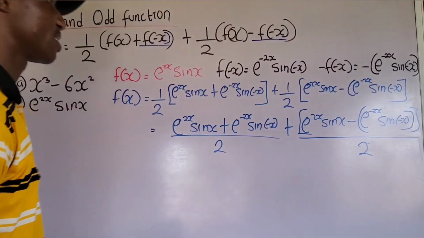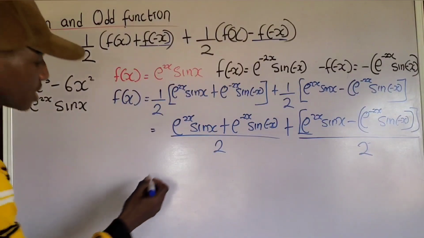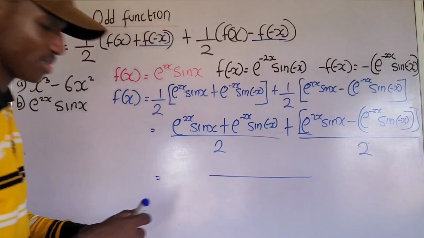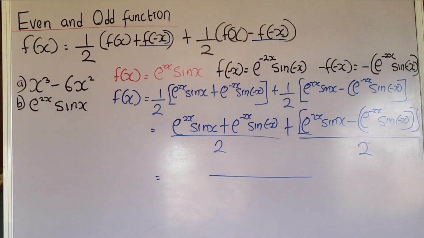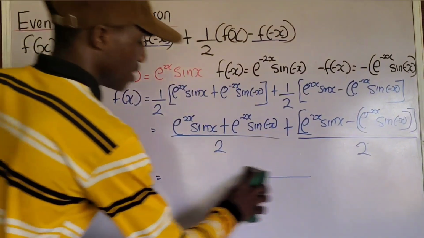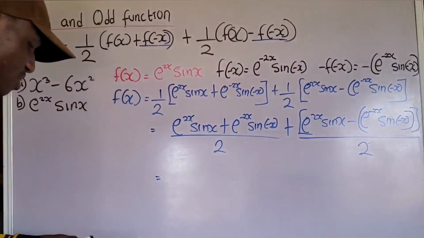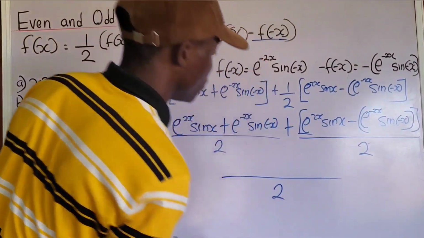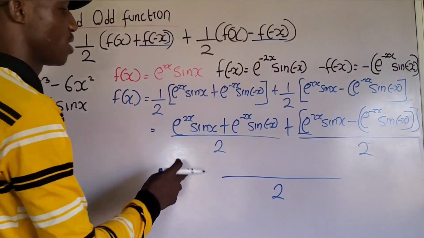The next step now is that you have to take the LCM. So the LCM here will be 2. So just put 2 at the denominator.